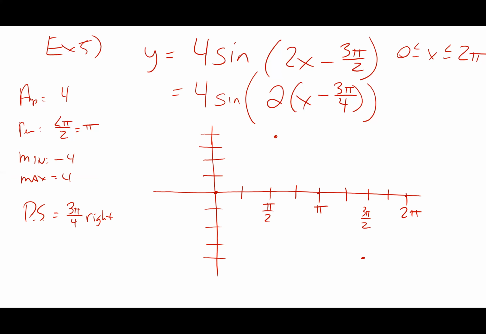Now let's see how we can move things around. That 0, 0 marker now becomes 3 pi over 4. Pi over 2. So let's see how much things get moved: 1, 2, 3 notches. Everything gets moved over 3 notches. We good there?